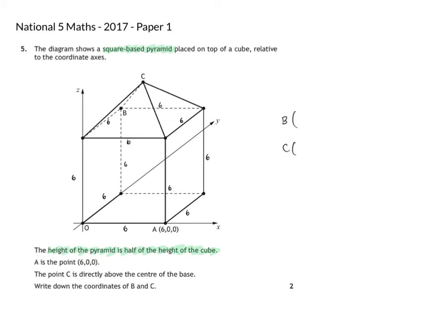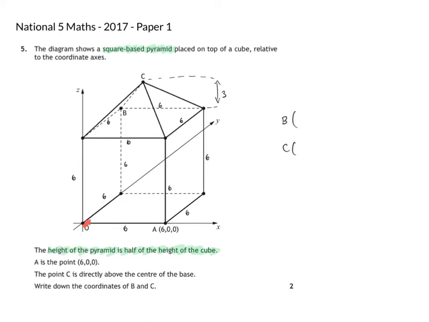So that means our height is going to be of the pyramid. So the pyramid, which is just this bit here, is half this tall, so that's going to be an extra 3. So B, looking at that coordinate, we know, so from our origin, B is over here. So we're going x, then y, then z when we're doing our coordinates.